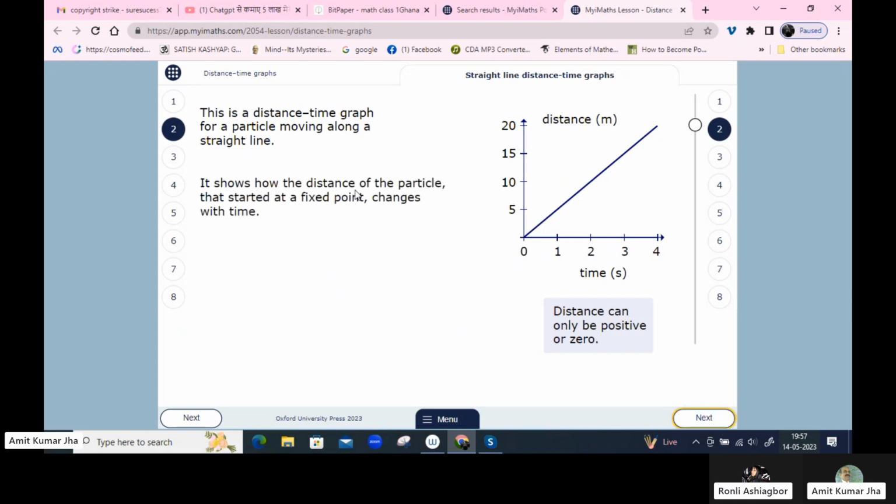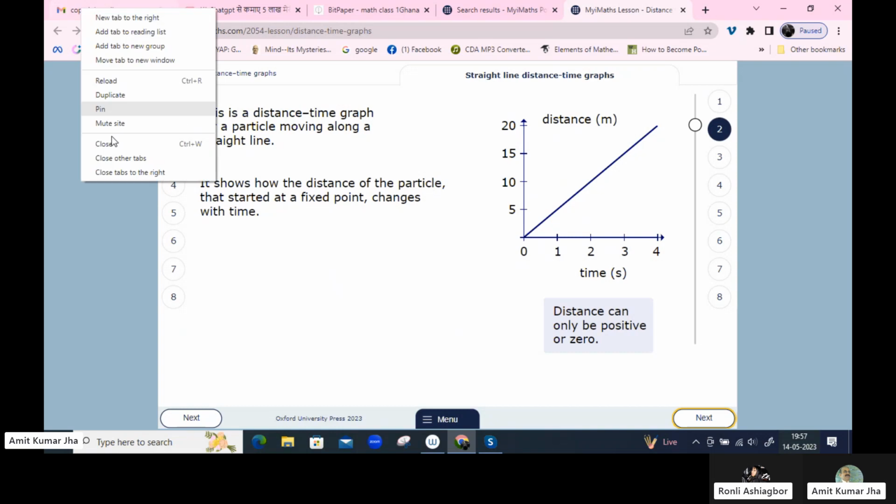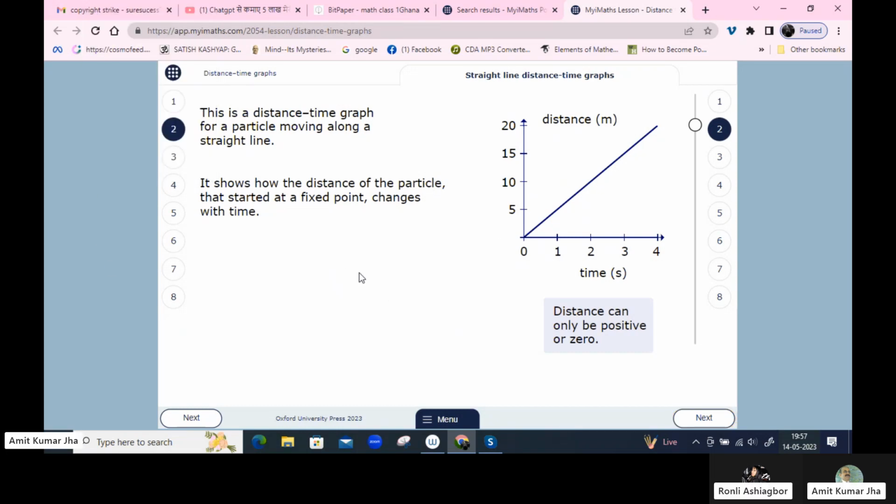It shows how the distance of a particle that started at a fixed point changes with time. Why does it change with time? Because at 0 seconds it was here, after 1 second it moved 5 meters, after 2 seconds it moved 10 meters, and likewise.